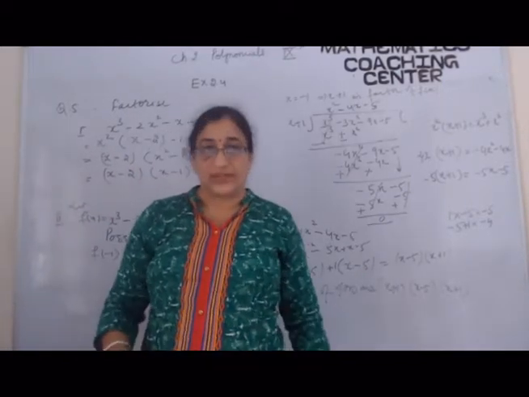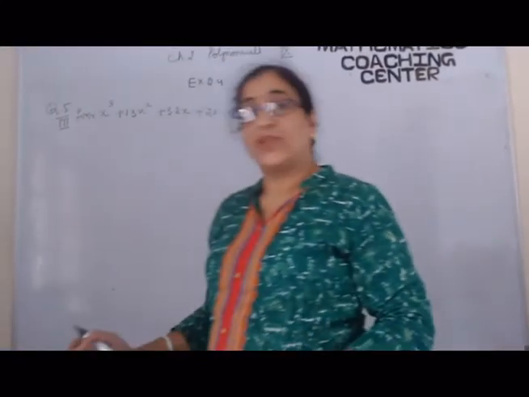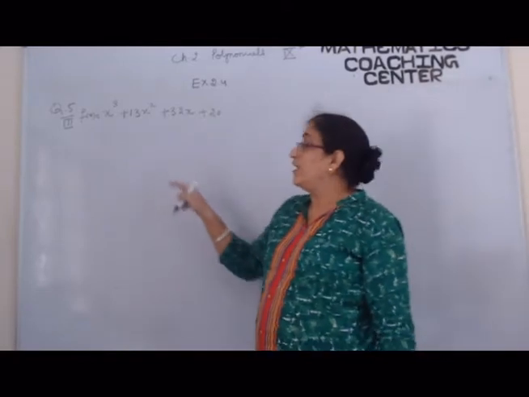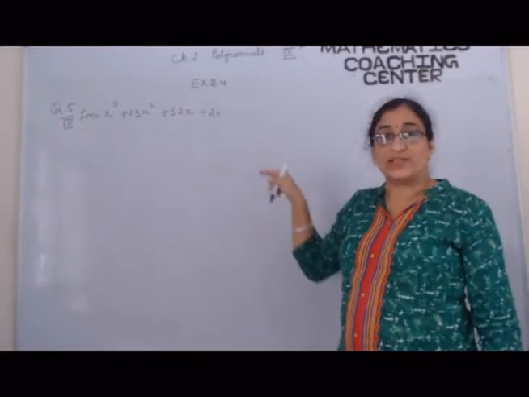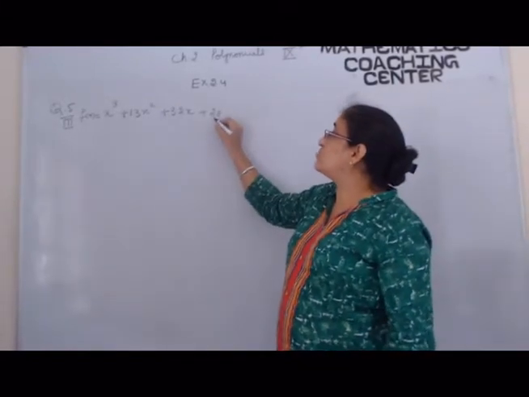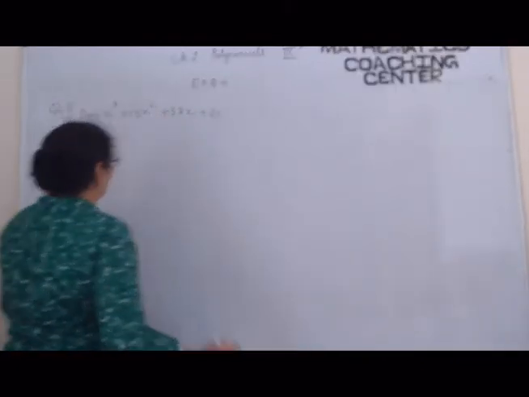Now we have to do the next question. Our next part is question number 5, and its third part. f(x) is equal to x cube plus 13x square plus 32x plus 20. Now you have to factorize this. Here the constant number is 20. Now you have to find the possible factors of 20.